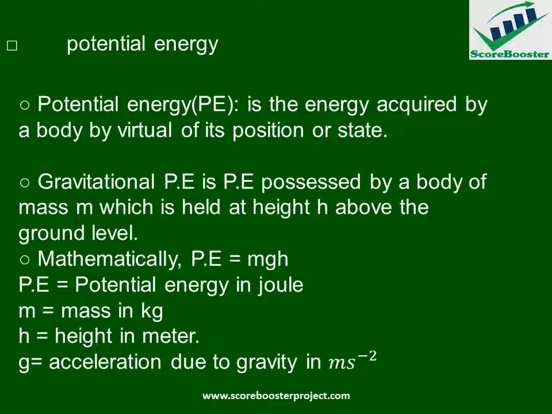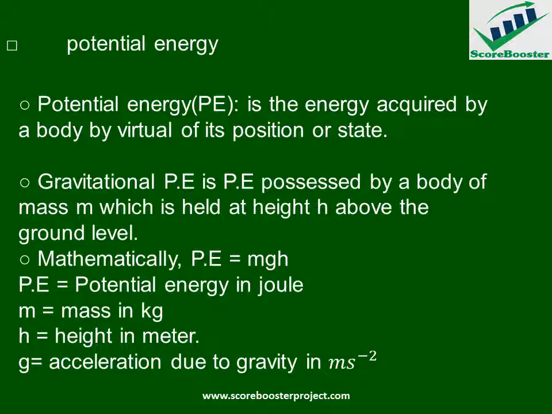Gravitational potential energy Pe is the potential energy possessed by a body of mass m, which is held at height h above the ground level.